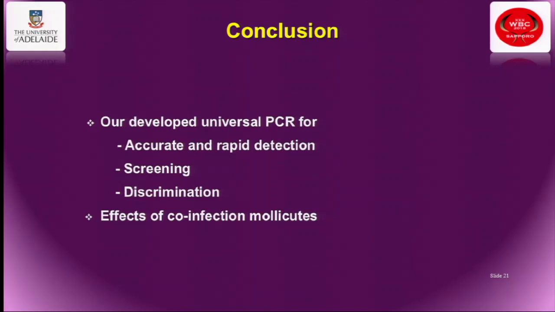The real-time PCR-HRM assay was able to identify and discriminate between mastitis-causing mycoplasmas and other mollicutes, which are often considered as milk contaminants. Results of our study indicate that co-infection Mycoplasma mastitis causes similar effects on milk composition to other conventional mastitis pathogens.